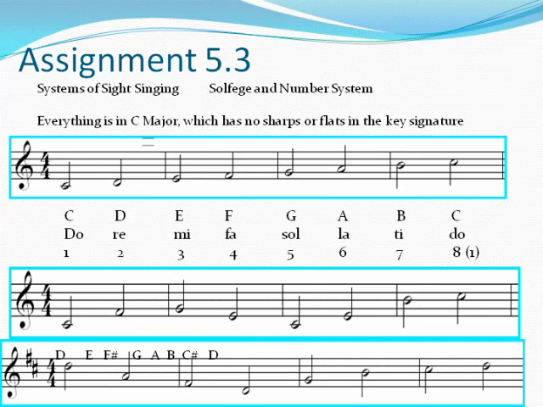If I'm singing it, and this is C, or 1, 1, 4, 5, 3, 1, 3, 7, 1. So I just did that with numbers. I could do that also with the D major scale. I could change it to numbers. But that's what you're doing in this exercise. You're taking the C major scale and changing it into the pitches of solfege or into the number system of sight singing.